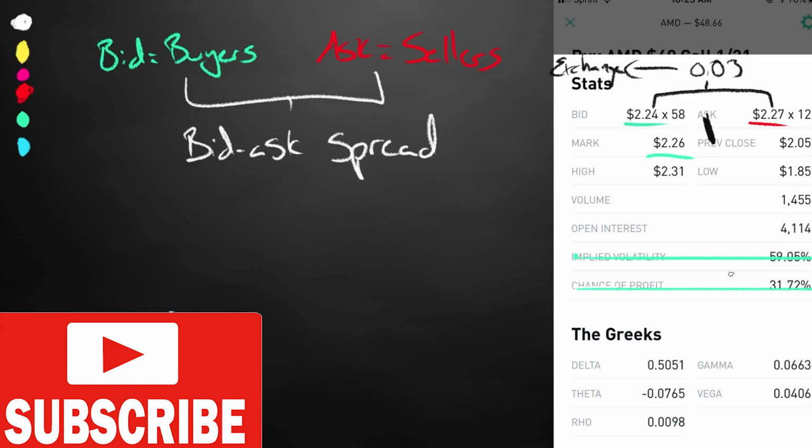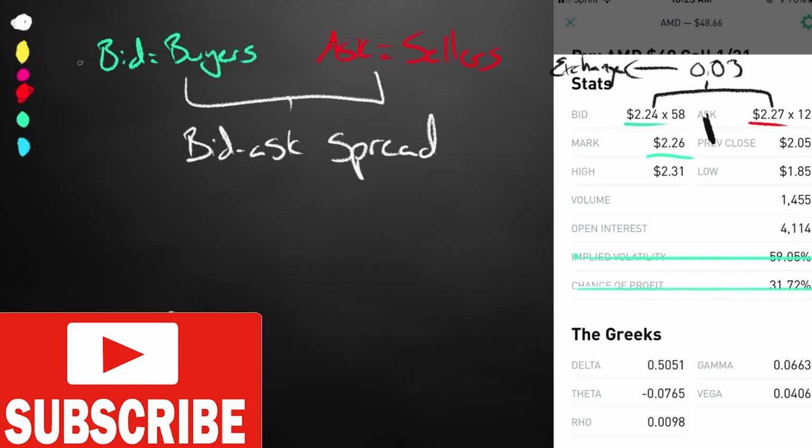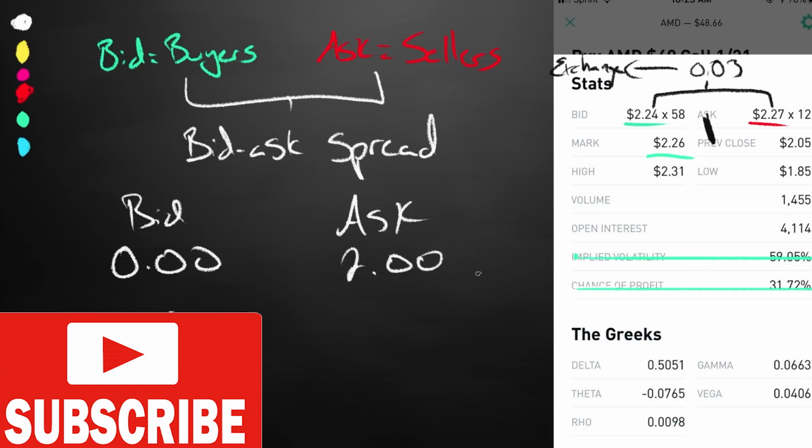So sometimes you might buy an option where the bid-ask is really big. And when bid-asks are very wide, they tend to jump around a lot. And Robinhood will continually show the mid price. So let's say there's no buyers at all, it's going to be 0.00 on the bid side. On the ask side, there might be one seller, but they're selling at a ridiculous price of like $200.